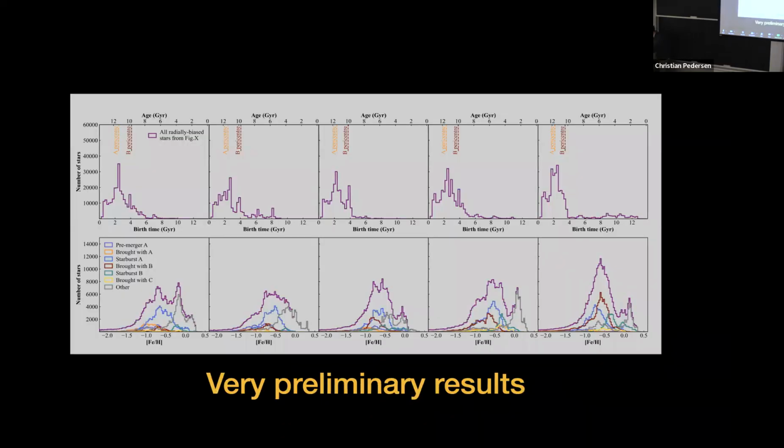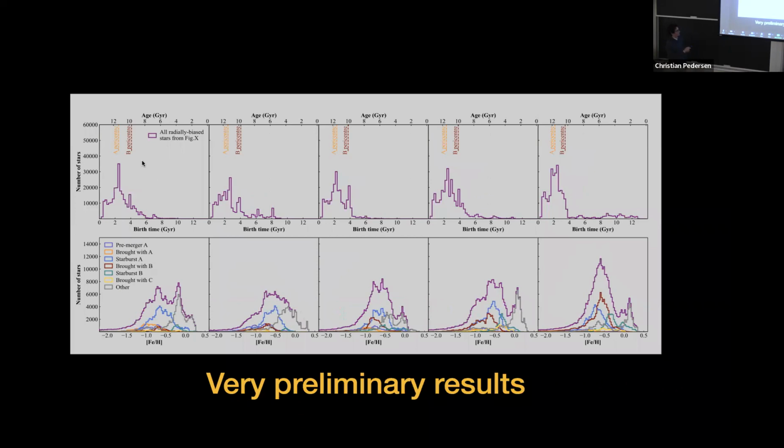Okay, so on the top is the star formation history of the radial stars. What you see here are peaks corresponding to pericenter passages of different mergers, which made us think that these were starburst-triggered populations. At the bottom is the metallicity distribution of these radial stars, and in blue is the starburst coming from the radial merger.